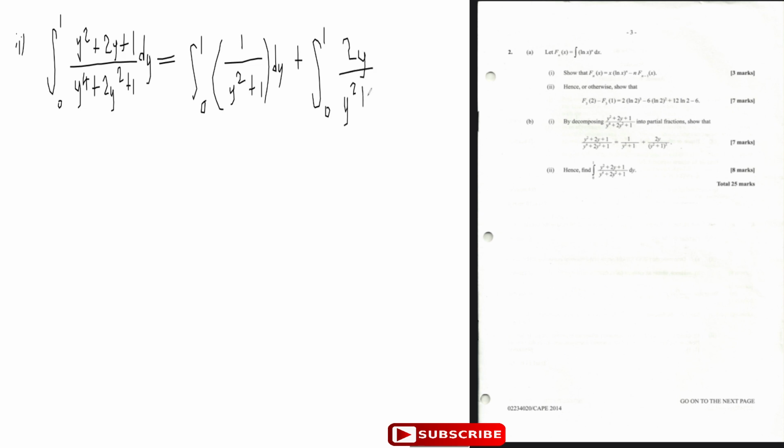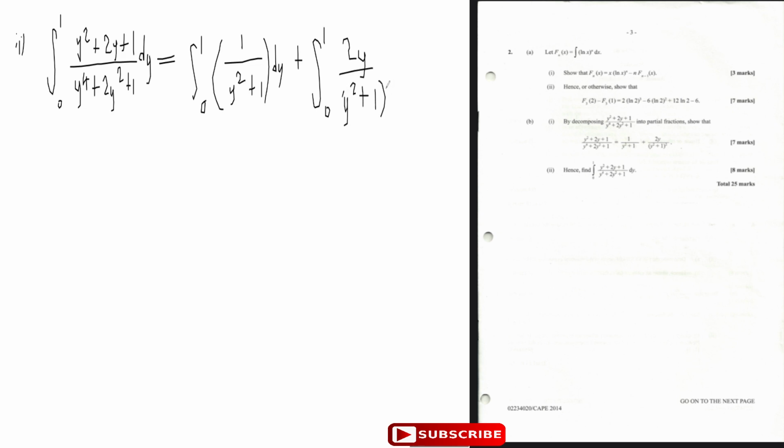So to evaluate this integral, this is actually equal to the integral from 0 to 1 of, we just showed that this was the same as 1 over y squared plus 1, so it's going to be the integral of this dy, plus the integral from 0 to 1 of 2y over y squared plus 1 all squared.